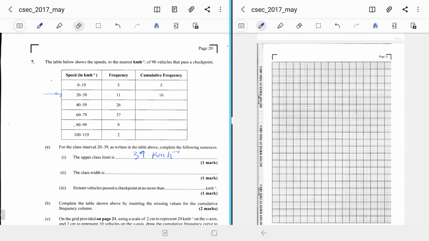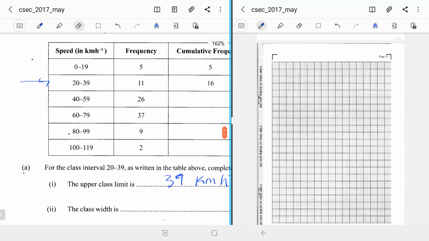The data is always symmetrical. The lower limit is going up by 20, the upper limit is going up by 20, so the class width is going to be 20. By definition, it is the upper boundary, 39.5, minus the lower boundary of 19.5 for that group. That is still 20.